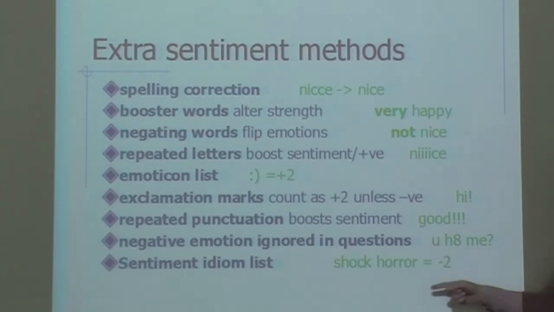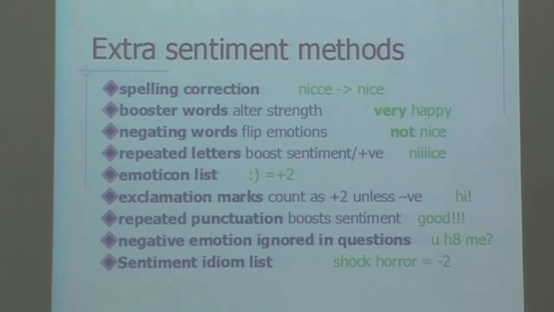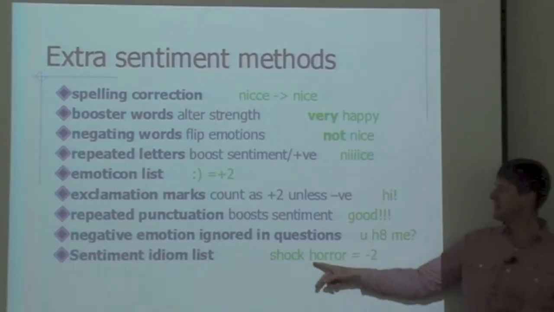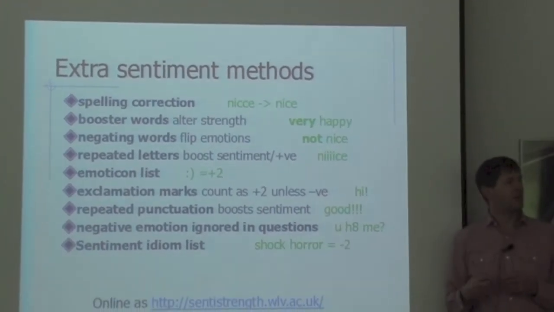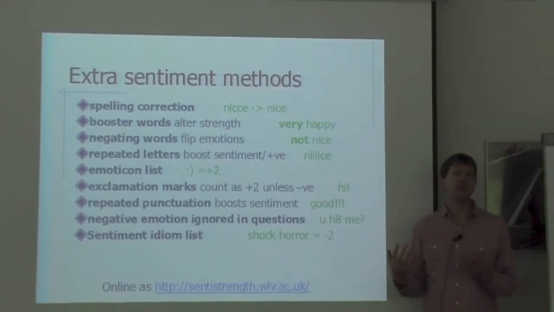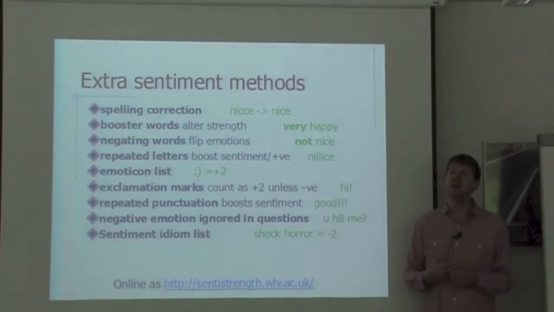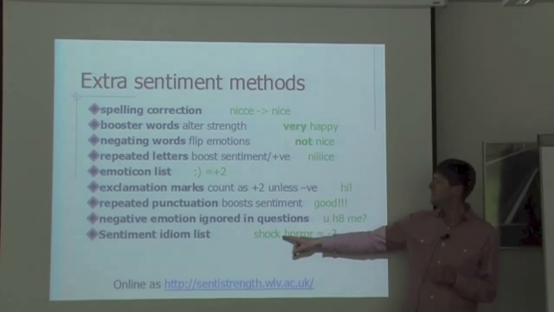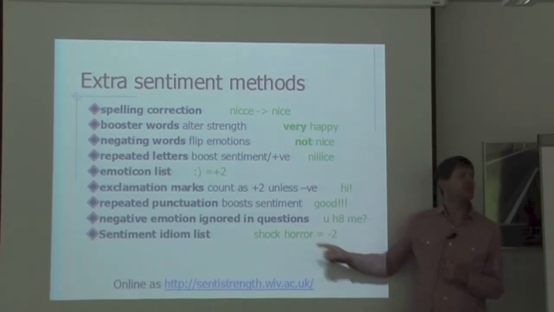And then we have an idiom list. This is a set of short phrases that carry a different sentiment to the sentiment of the individual words in the phrase. The worst example in English is "shock horror." Shock horror would score -5, the strongest possible negativity score in English, because it's two consecutive very strongly negative words.